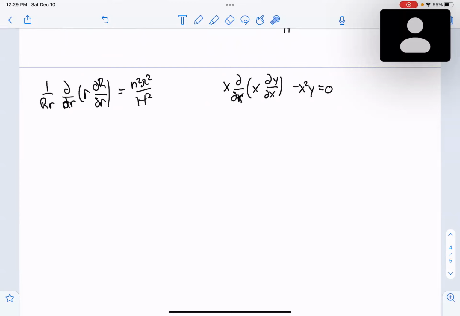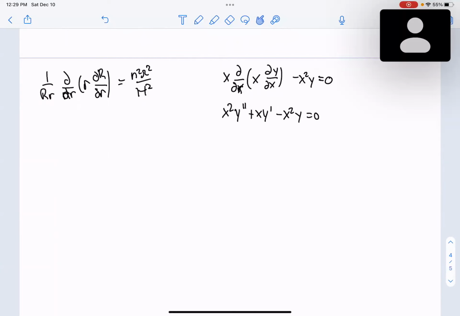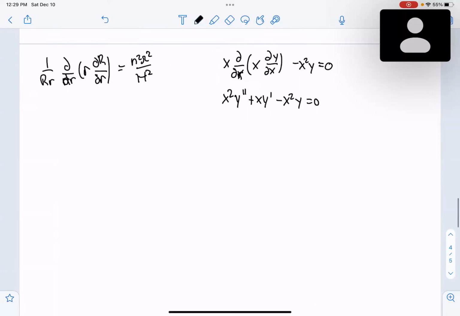I believe the only difference is that you have a plus here, but I would double check that. This is equivalent to x squared y double prime plus x y prime minus x squared y is equal to 0. That's just done by applying the product rule and taking the derivatives.